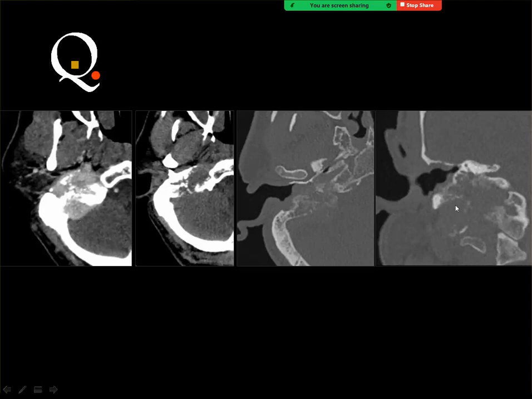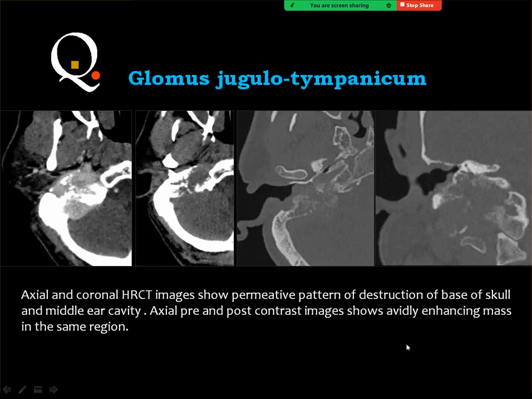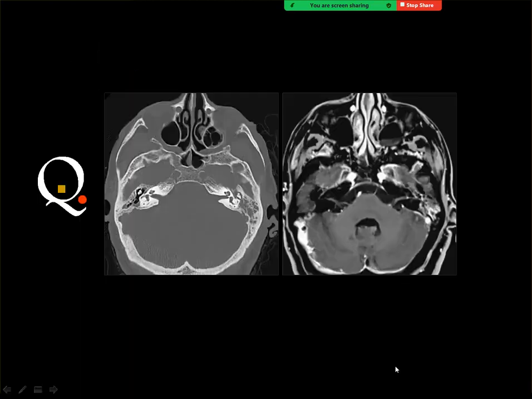Sometimes this tumor can go inside the middle ear cavity. At that time, it is known as glomus jugulotympanicum. It has two components, inside the jugular fossa and inside the middle ear cavity, and then you call it glomus jugulotympanicum.